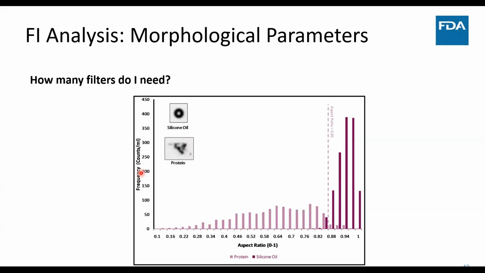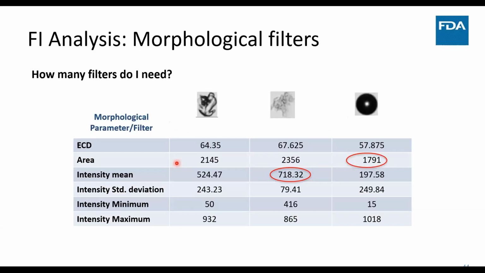So in here, using a simple parameter or filter such as an aspect ratio greater than 0.5, you can qualify or quantify about 80 to 95% of your silicon oil particles because of the difference in aspect ratio between silicon oil and protein. There are times it gets a little more complicated than a simple parameter.